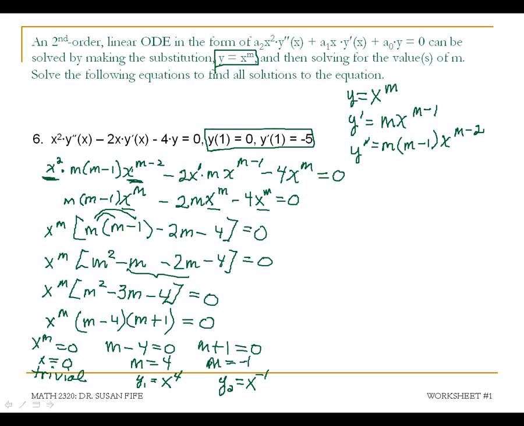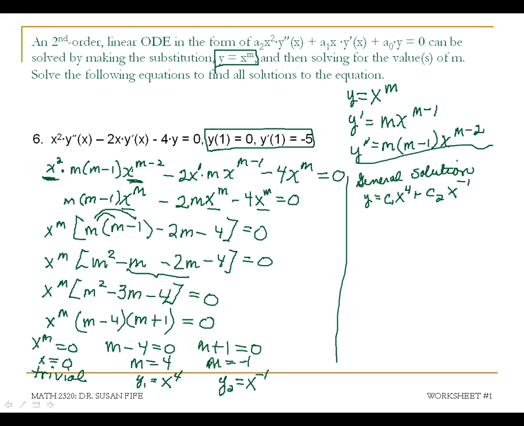So in this case, my general solution is going to be y equals c1 x to the 4th plus c2 x to the negative 1st.